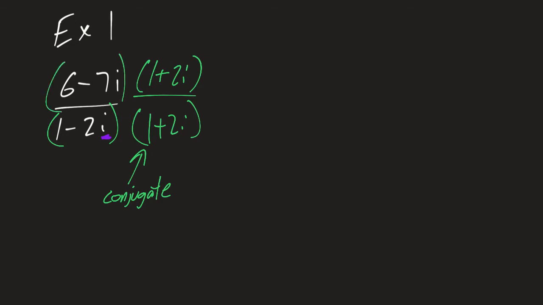So we're going to go ahead and distribute this out. Now the bottom, when I multiply the conjugates, I'm going to shortcut a little bit using my shortcut, a squared plus b squared. So here we go, 1 squared plus 2 squared, okay? This top part, I'm going to go ahead and have to distribute out, okay? So we've got 6 plus 12i minus 7i and minus 14i squared.